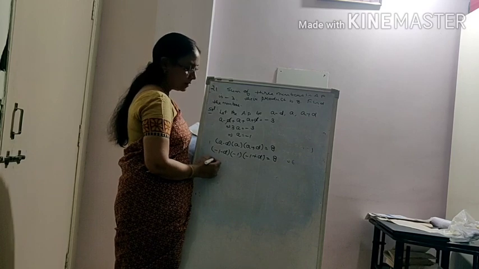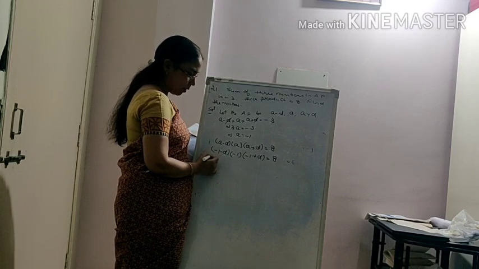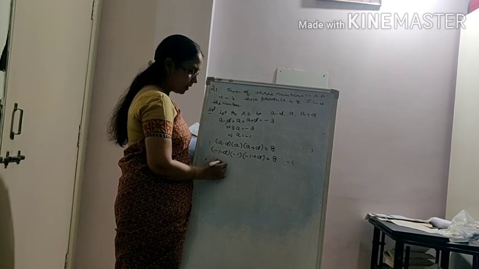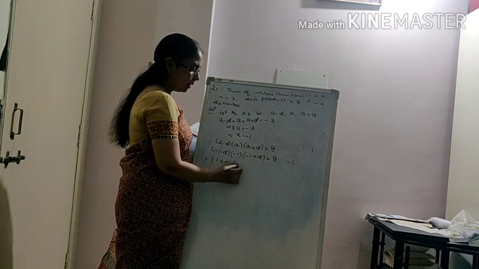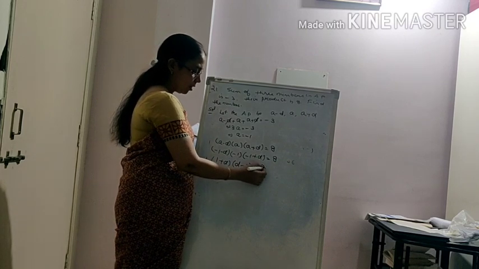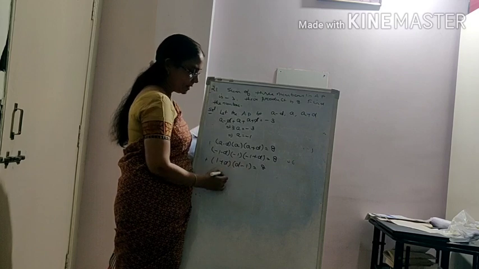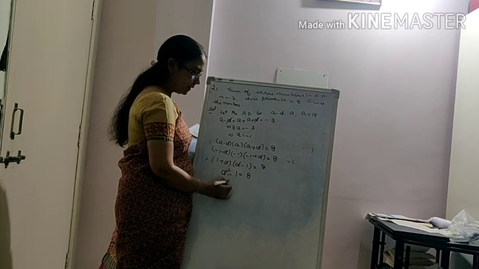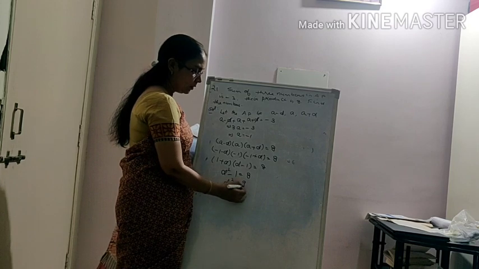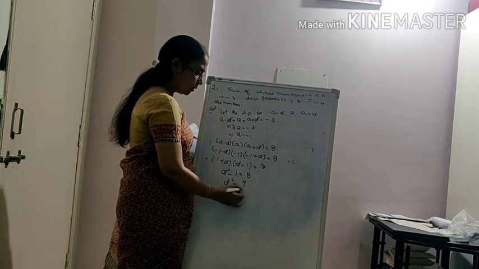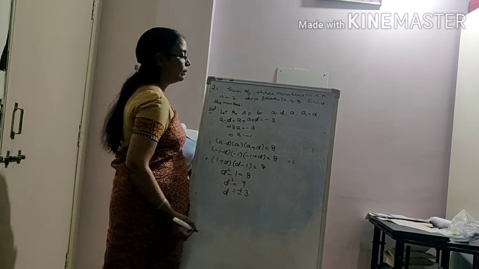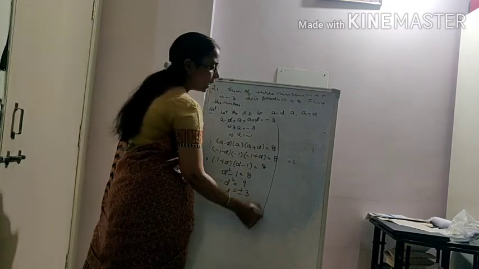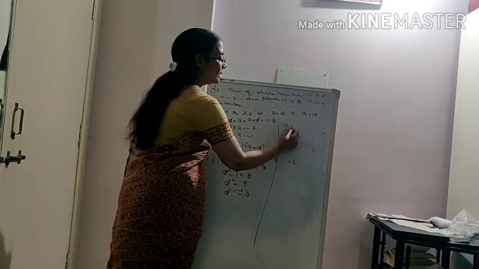I can take minus common here also. So it will become 1 plus D into D minus 1, or you can say D plus 1 into D minus 1. So it will become D square minus 1 is equal to 8. D square is equal to 9. D is equal to plus or minus 3. Now write down the terms. A is minus 1.